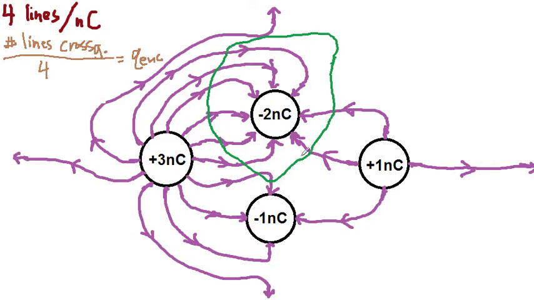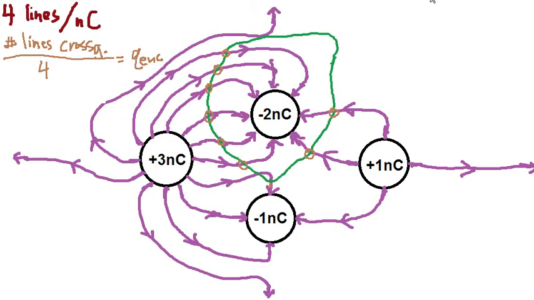So here we have how many lines cross this thing going in here? 1, 2, 3. This guy comes in and then out, so I'm not going to count him. I'm going to count 1 coming in and then 1 leaving. So this is a net 0 lines crossing, if you can see that. So that's 0 here, then 4, 5, 6, 7, 8.